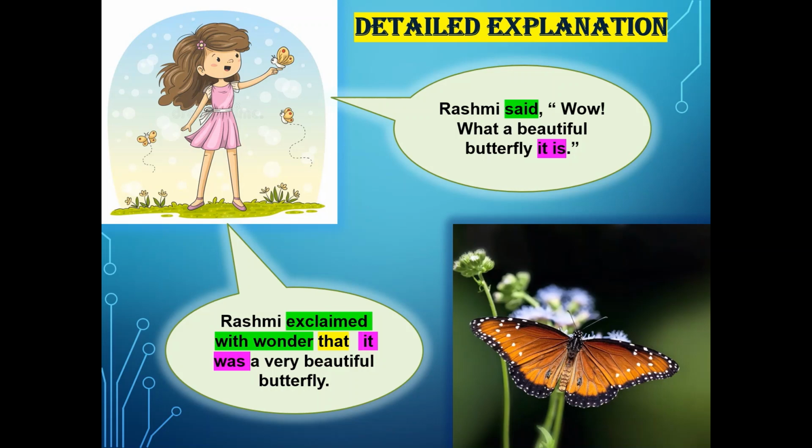As you can see, the reporting verb changes into exclaimed with wonder, then that is used, and after that the verb is changed into was. So the answer is Rasmi exclaimed with wonder that it was a very beautiful butterfly.